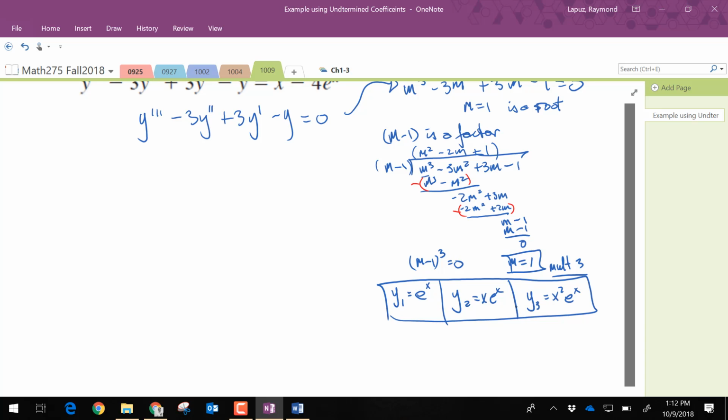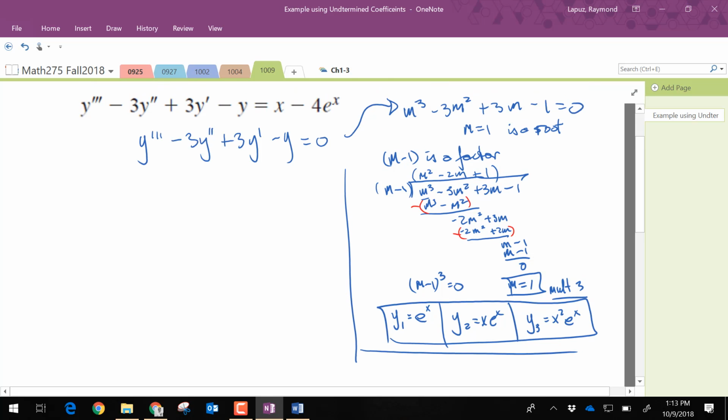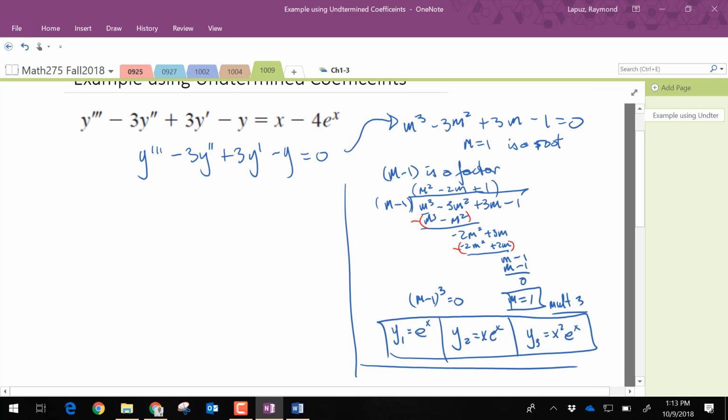Okay? So that's the first part. Next, we have to find particular solutions. By the way, do you guys know what I meant by Pascal's triangle?